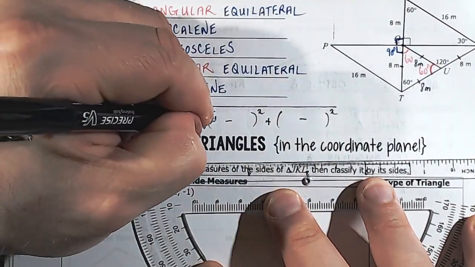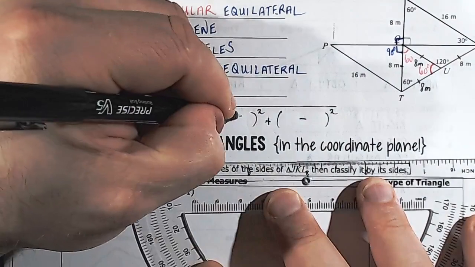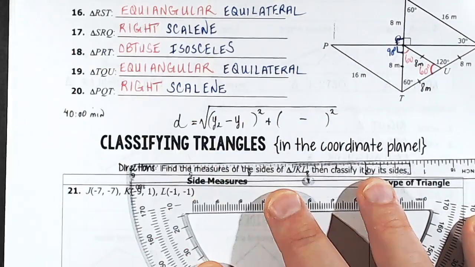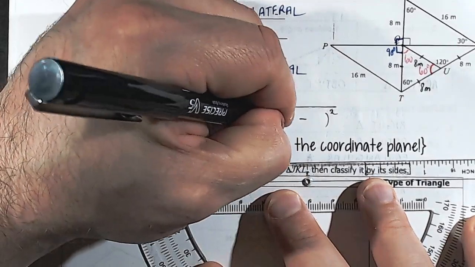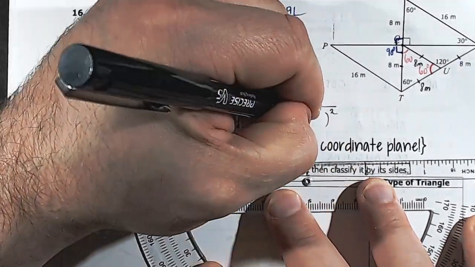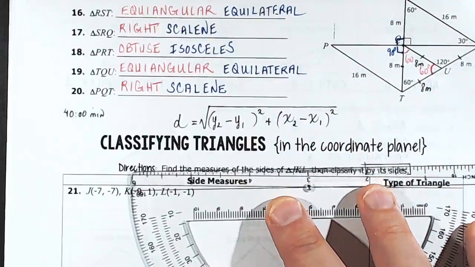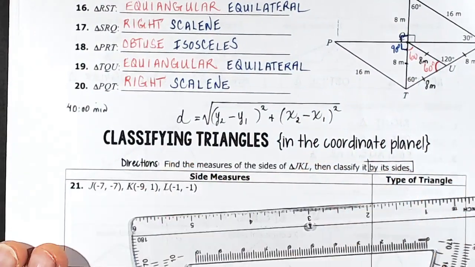So that's y2 minus y1 squared plus x2 minus x1 squared, all underneath the radical sign.